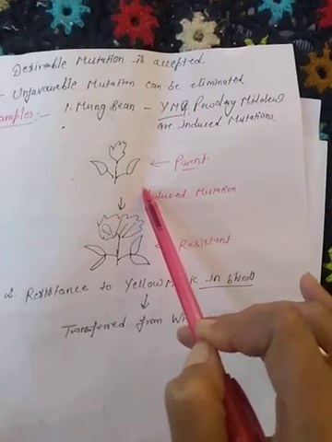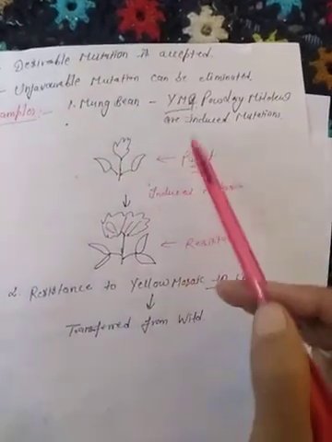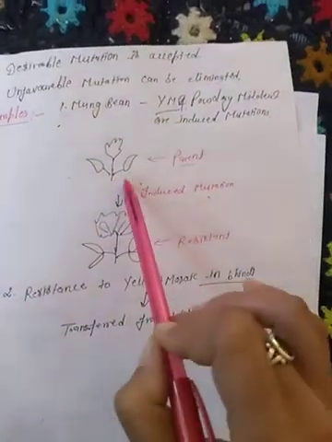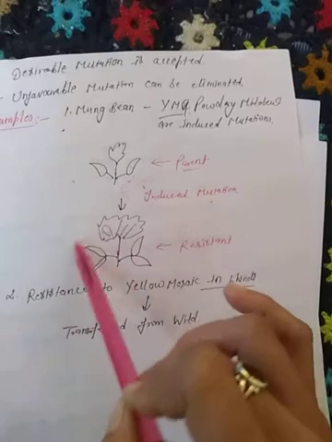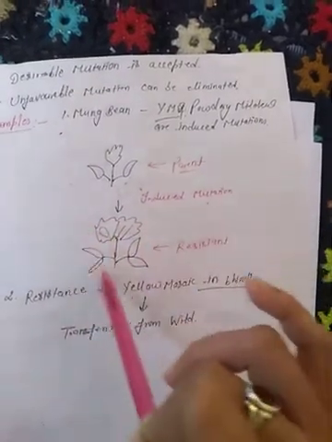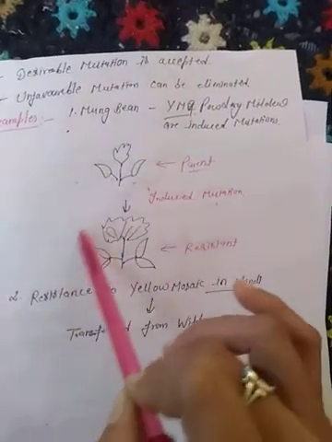Then what have we done? We have treated this plant with irradiation like X-rays or something else, using induced mutations. Then we collect different plant progeny with different phenotypes.